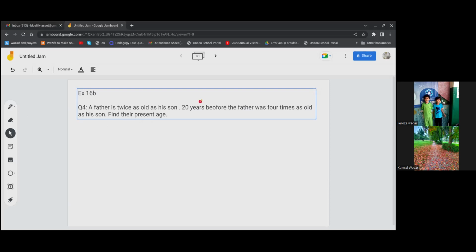Students, in this question, there are two persons. One is the father and one is the son. Son and father. So what do we have to do? How do we make the equation?